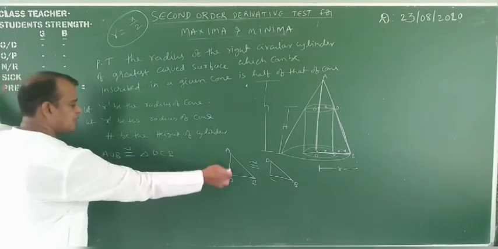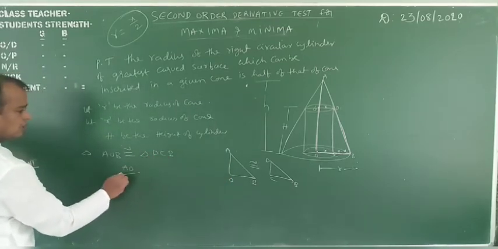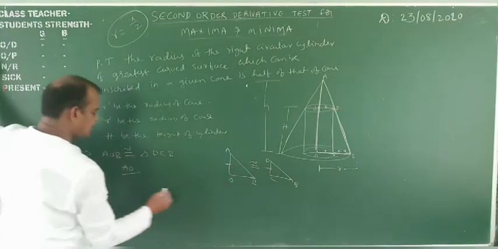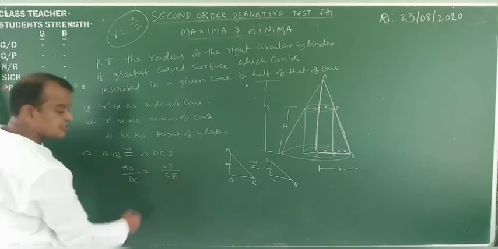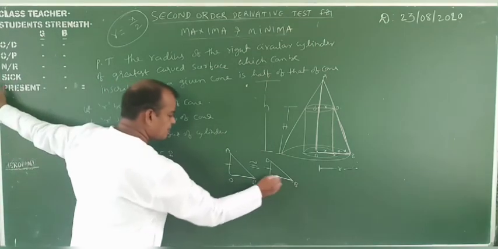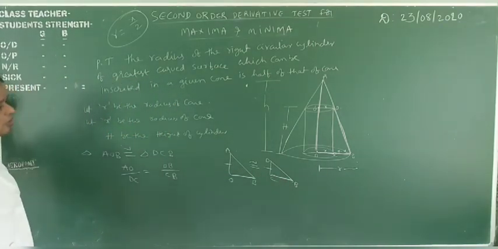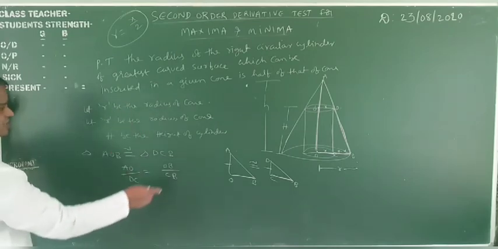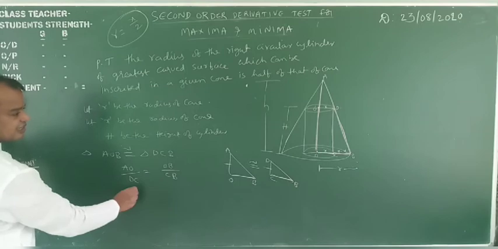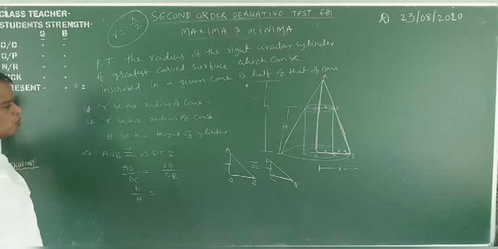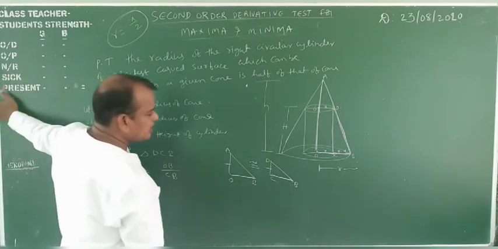Now here, AO by DC is equal to OB by CB. AO means capital H, the total height, by DC, is equal to OB by CB.